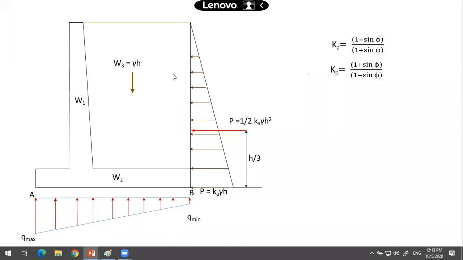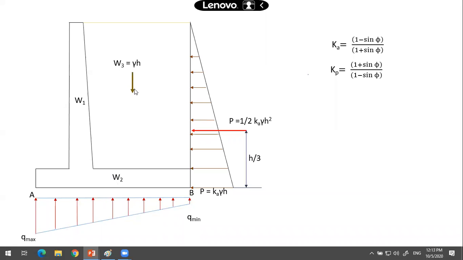So when I take that 1 meter, if I want to calculate the weight of this backfill over the heel slab, it will be simply density of the backfill into the height. The thickness of the base slab you have to deduct. We'll be considering the weight of the base slab separately.